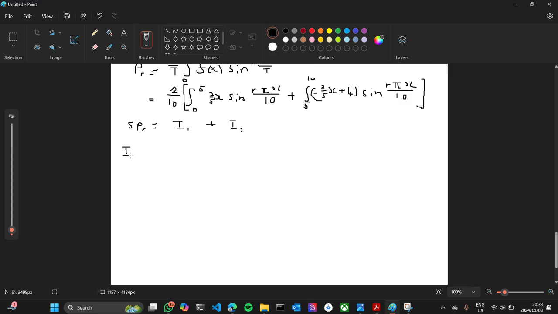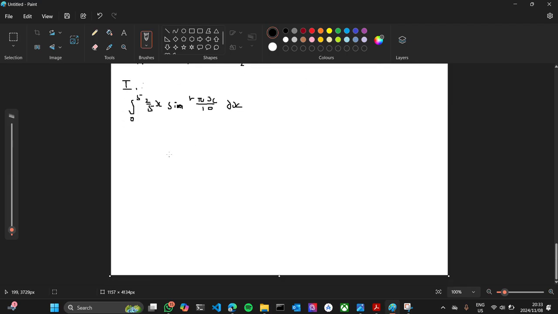So for I1 now, it is the integral from 0 to 5 of 2 over 5 x sine of pi x over 10, in terms of dx.